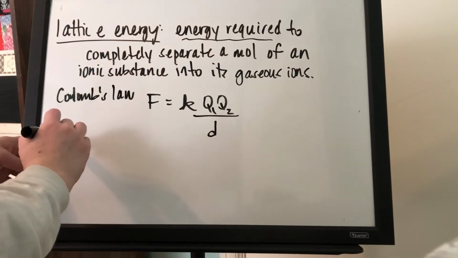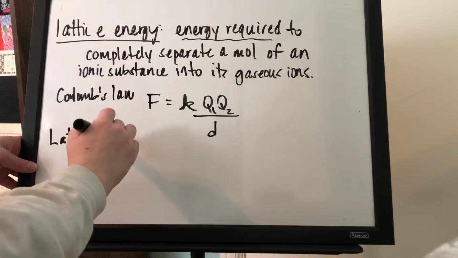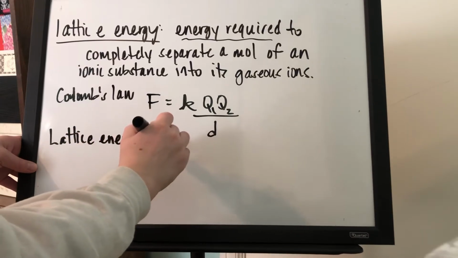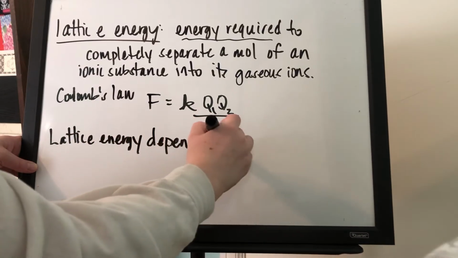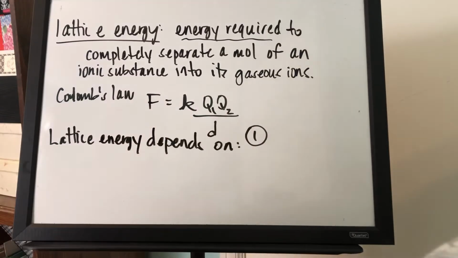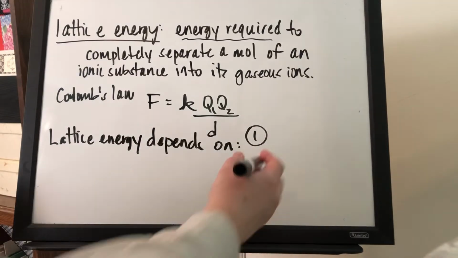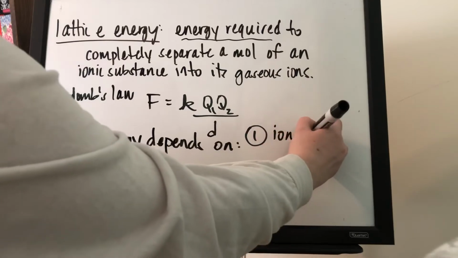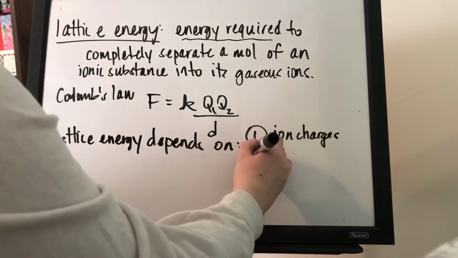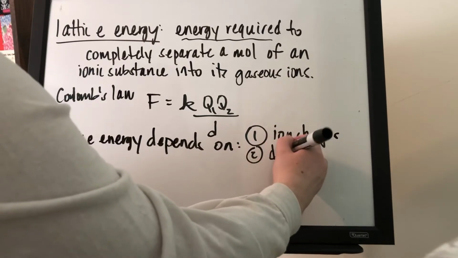So lattice energy basically depends on two things: the ion charges and the distance between them.